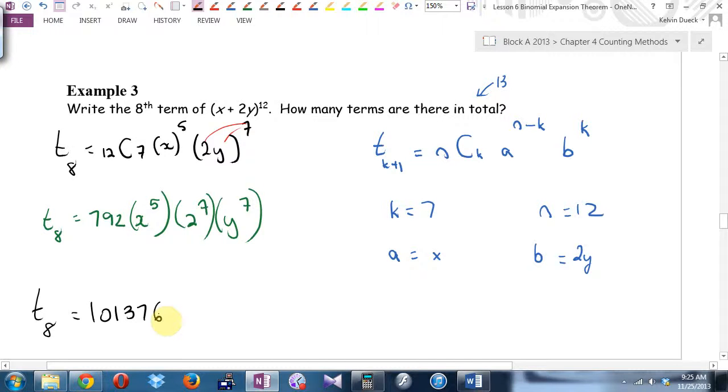And then there's going to be what to the what to the what? X to the 5th, y to the 7th. That is the 8th term of that expansion.